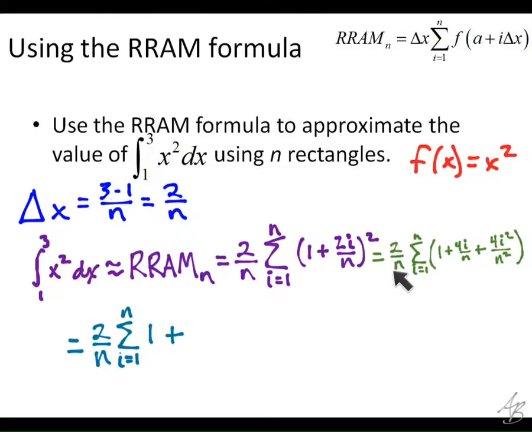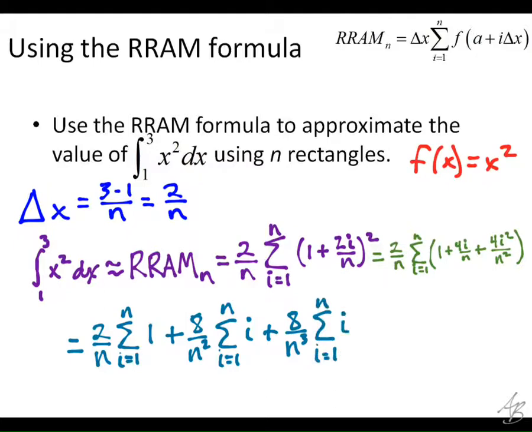That's going to join the 2 over n, so what do I get there? 8 over n squared times the sum from i equals 1 to n of i, plus, for the last one, I'm going to factor out the 4 over n squared. And I've got the 2 over n out there, so that's going to be 8 over n cubed times the sum from i equals 1 to n of i squared.